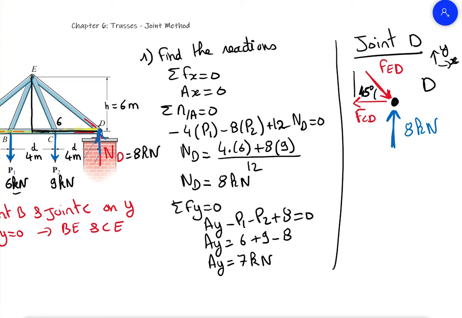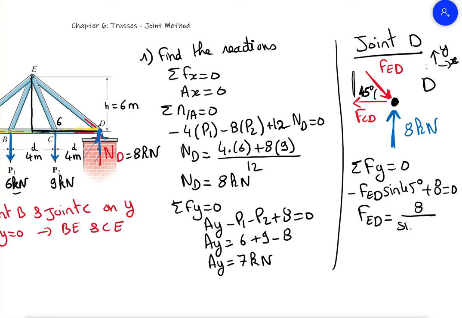Which one are we doing first, X or Y? We will do Y first. The sum of the forces on Y is equal to 0, so minus FED sine 45 plus 8 is equal to 0. FED is equal to 8 divided by sine 45. Take your time to write your first equation always, to avoid mistakes with your cosine and sine.